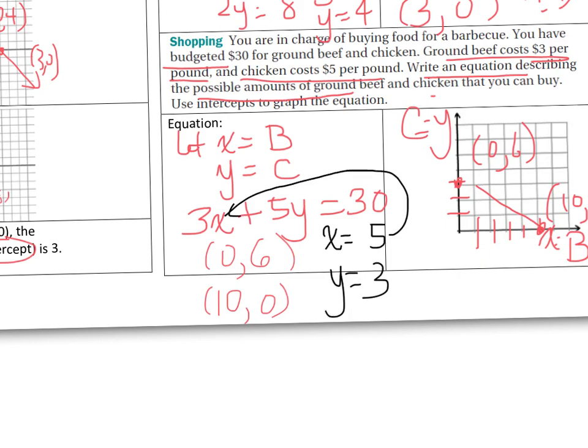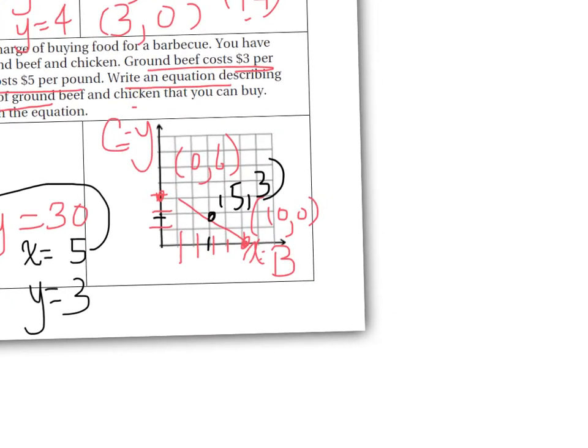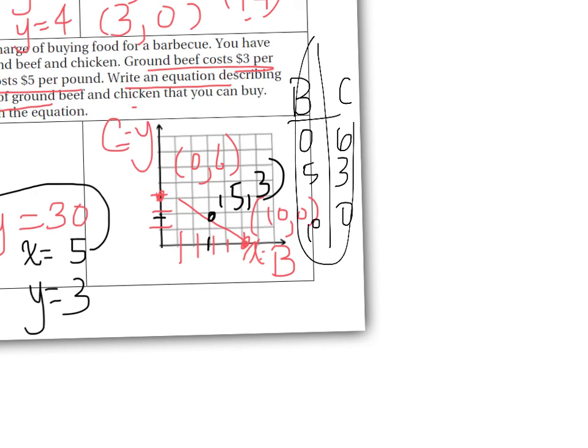So on the graph, it's probably about the point right here. Okay, and to show my answer properly, I could do B for beef, C for chicken, make it easy: 0, 6, 5, 3, and 10, 0. So when I buy 5 pounds of beef, I could purchase 3 pounds of chicken. Okay, and this would be your answer.